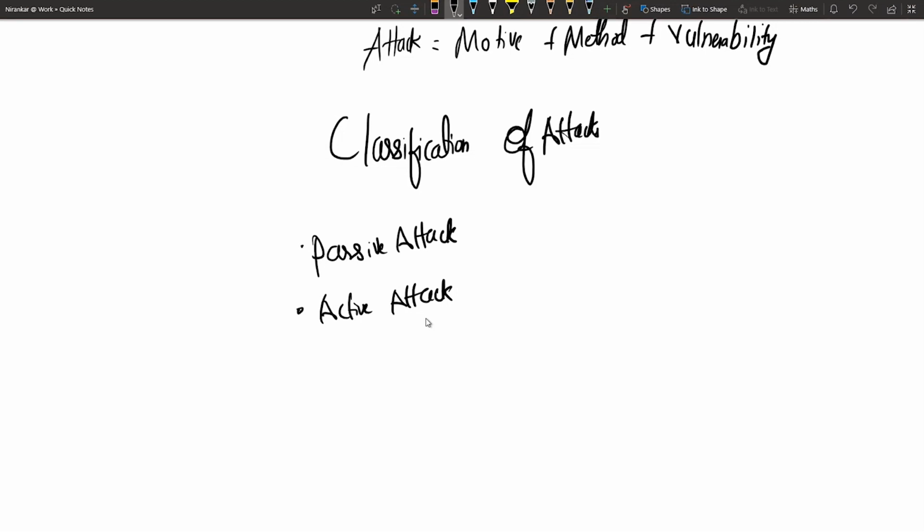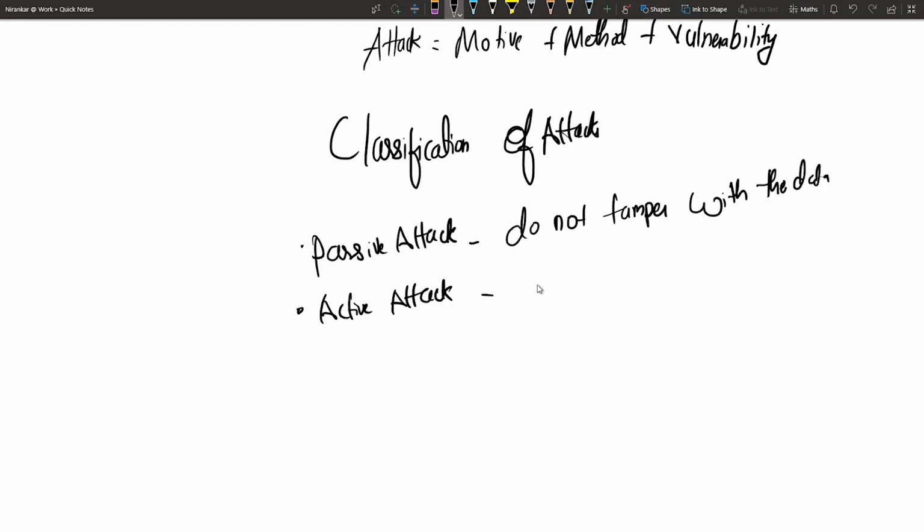Remember, passive is where we do not tamper with the data. Here I'm not going to modify data while listening. Tamper means changing or disturbing the data.